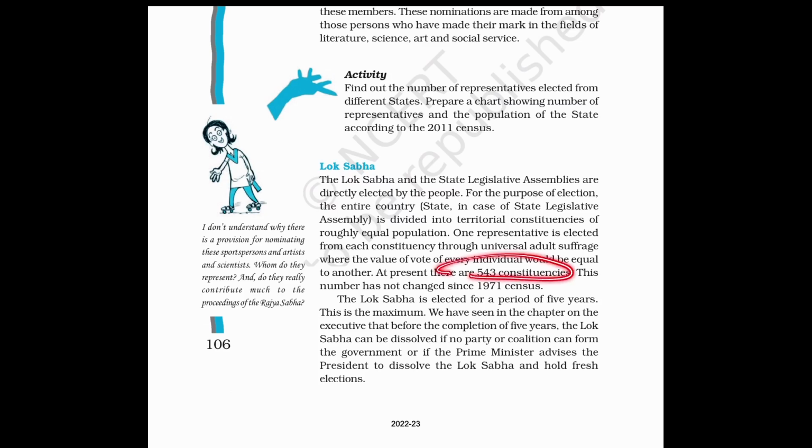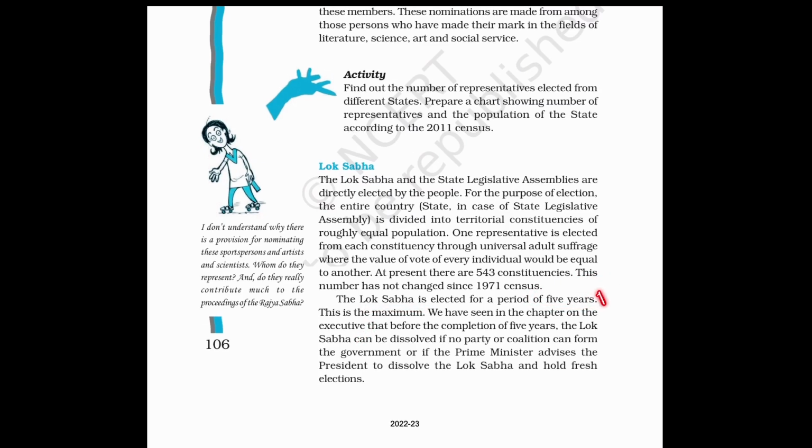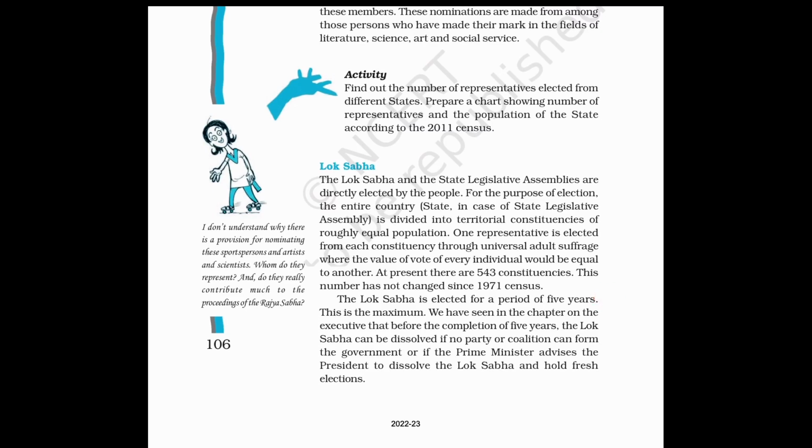There are 543 constituencies, running on the 1971 census. There are reasons for this, which we will deal with in detail when we take it up as a detailed topic, when we talk about parliament etc. Now here you know that the tenure is 5 years, which is the maximum, which also means that before this also they can be dissolved.